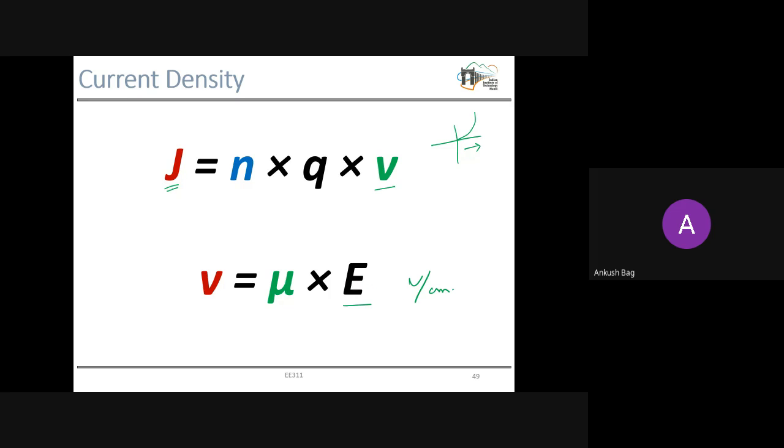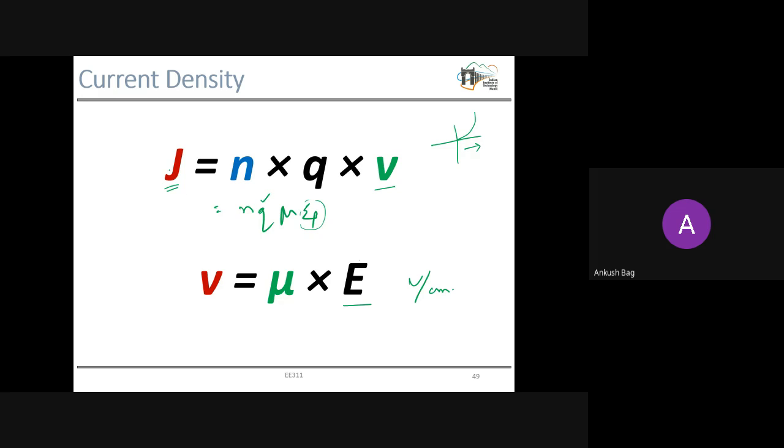So this is the current density, and then how it is related to the applied voltage: J equals nqv, or nqμE. Here E is the electric field that you are applying from the outside, and q is the constant electronic charge.